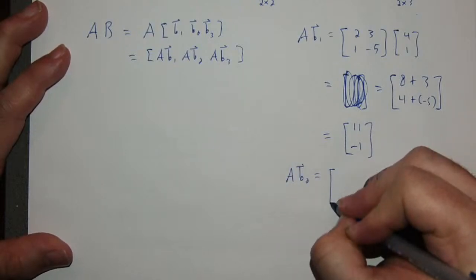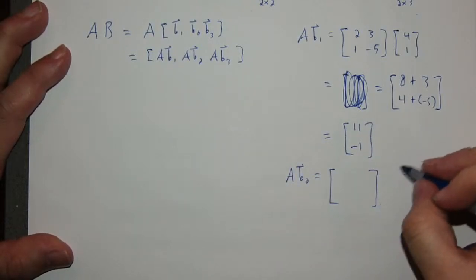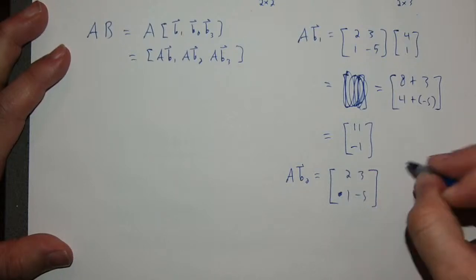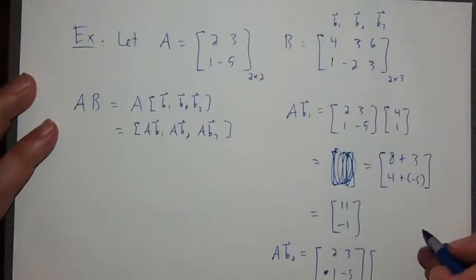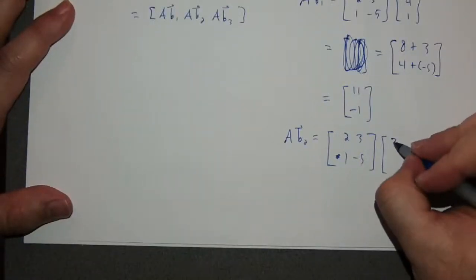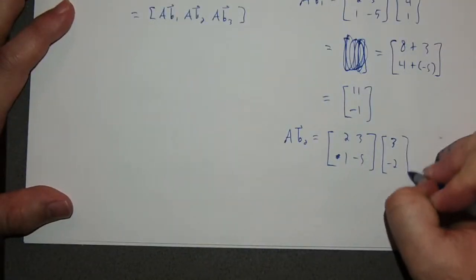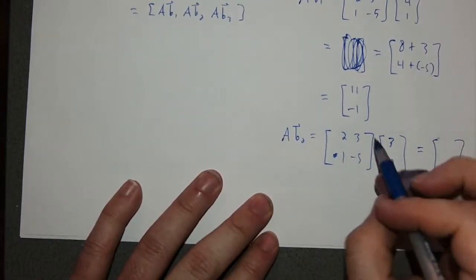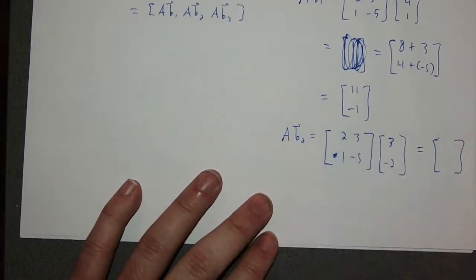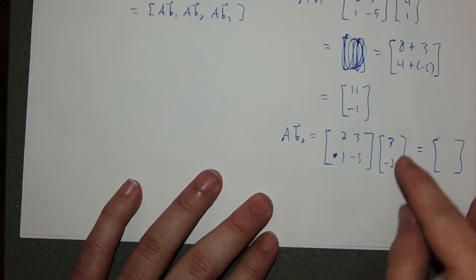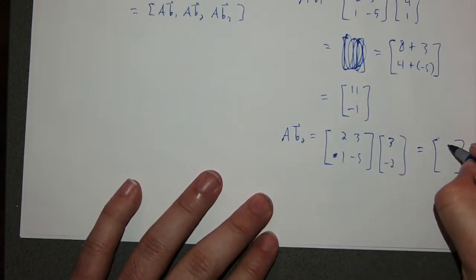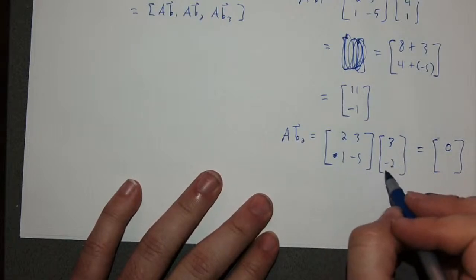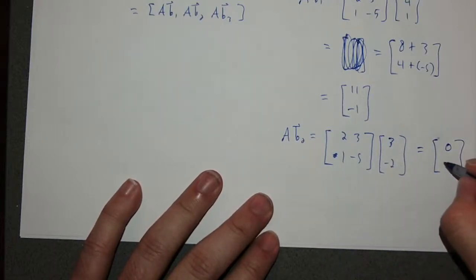All right, so what's AB2? Similarly, A is the same, 2, 3, 1, minus 5, and B2 is 3, minus 2. So this is the vector with 2 times 3 plus 3 times minus 2, so that's 6 plus minus 6, so that's a 0. And this is 3 plus 10, so that's 13.